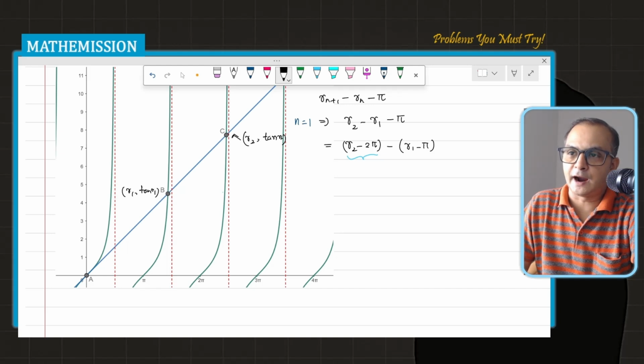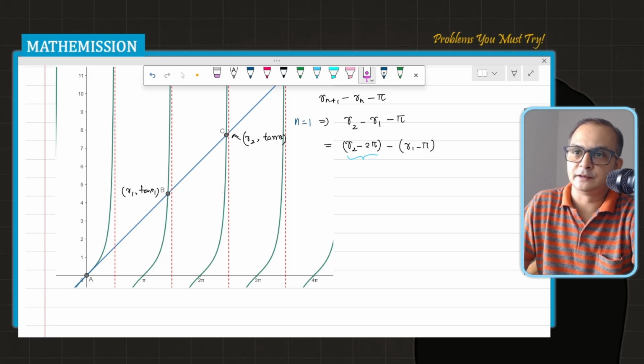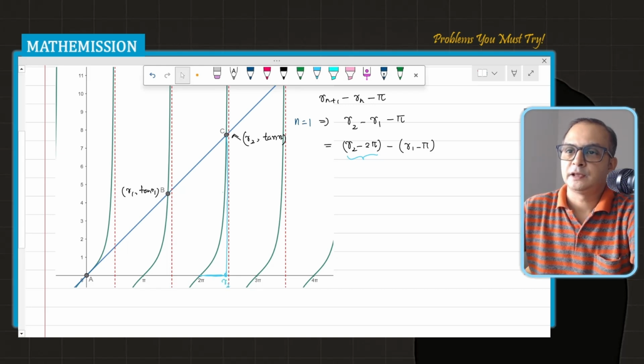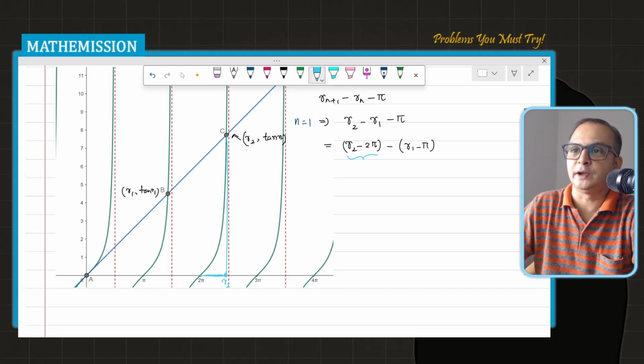Now if you see that R2 minus 2 pi, what does it mean? Suppose you drop a perpendicular from C on the x-axis, somewhere here will be our R2, correct? So let me drop it first. So this is our R2 here, and this gap is indicating the R2 minus 2 pi. Which gap? From here to here.